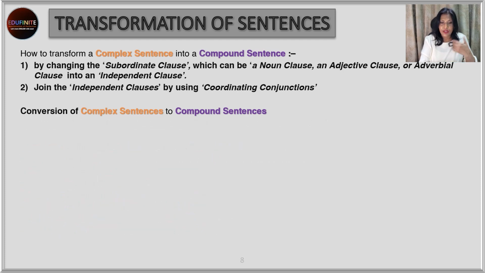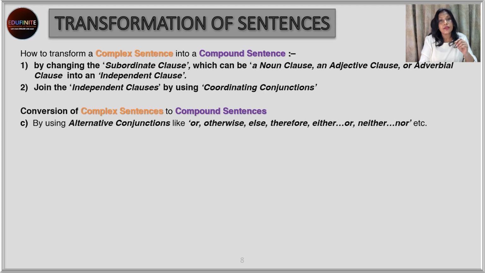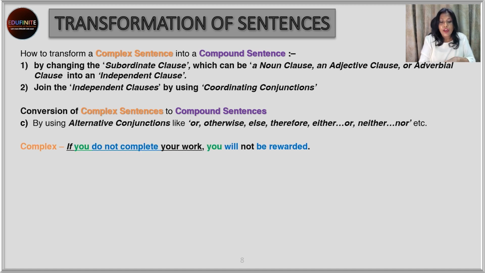Well, the next set of conversion is by using alternative conjunctions like or, otherwise, else, therefore, either or, neither nor, etc. So let's look into some of the examples. If you do not complete your work, you will not be rewarded. So if you do not complete your work, naturally this is a subordinate clause or the dependent clause, and it begins with the subordinating conjunction if.